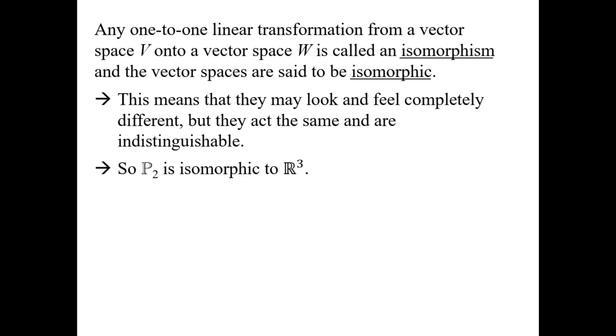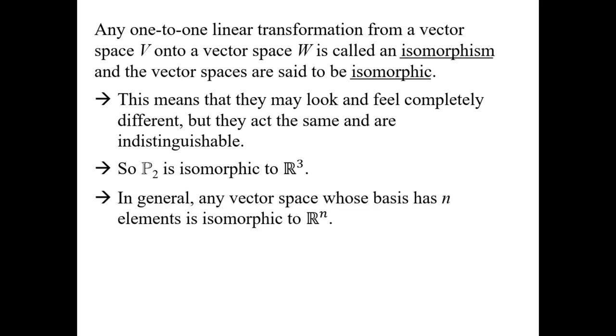So we've just shown that P2 is isomorphic to R cubed. So again, instead of answering questions in P2, we can first find the coordinates of everything so that we're working in R3, and then answer the questions over there. And we'll see an example of that in just a moment.